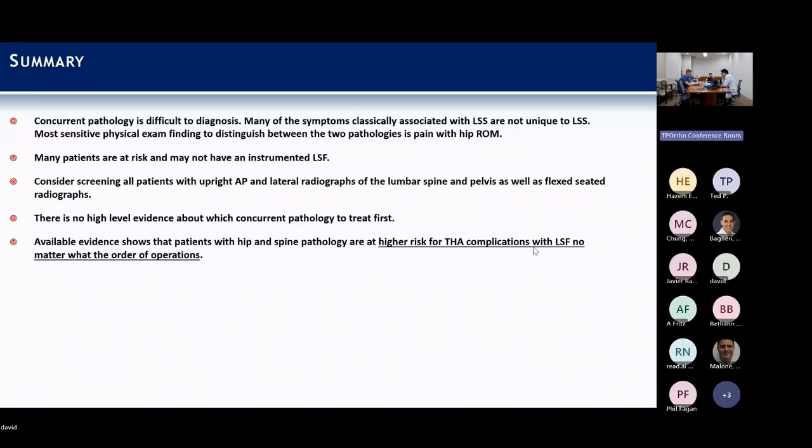I think the language historically is, is it the hip or is it the spine? And more often than not, it's some combination of the two. Even thinking about adjacent segment disease, I remember Dr. Eastlack operated on a mom and a daughter in the same week, and then two cousins a week apart.